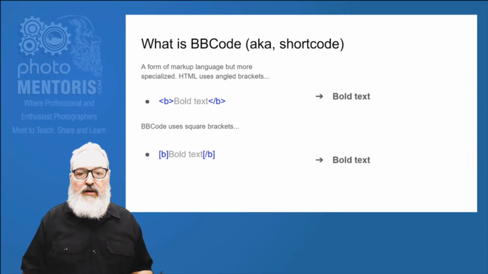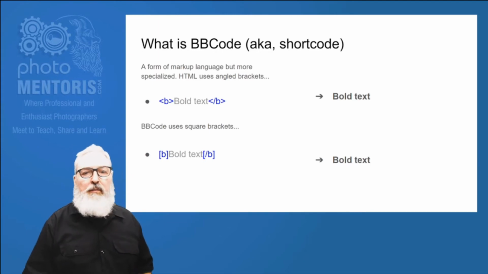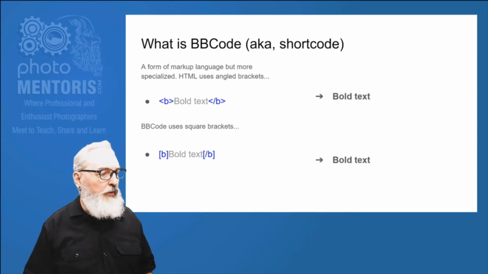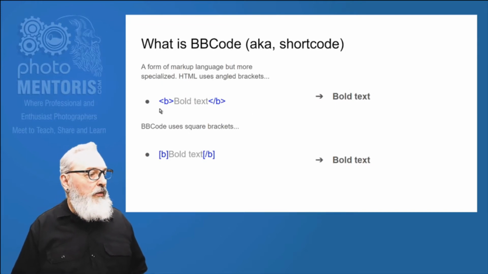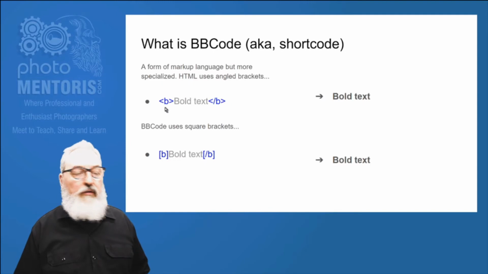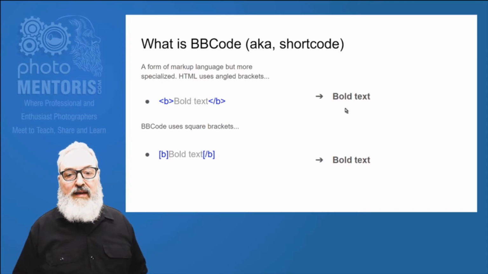We're all familiar with HTML code with the angle brackets. In our first example, we have the opening code for bold text, which is the angle brackets with the letter B. We put in our text, and then we close it with a backslash B within the angle brackets, and that's going to give us bold text.